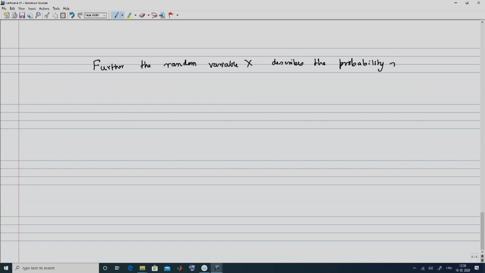It describes the probability measure, fancy P with a subscript x on the set A, by probability subscript x of little x i. Remember, this is on the set A.